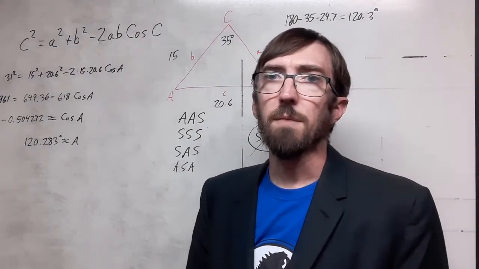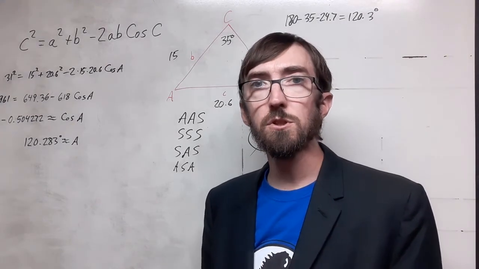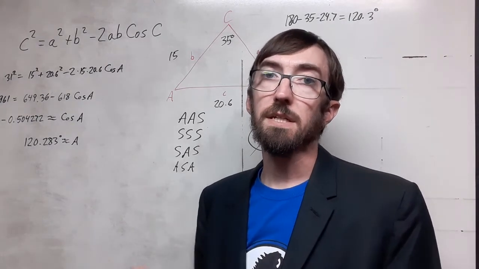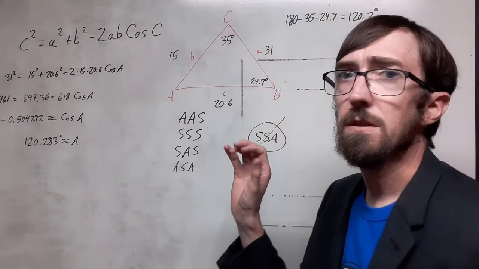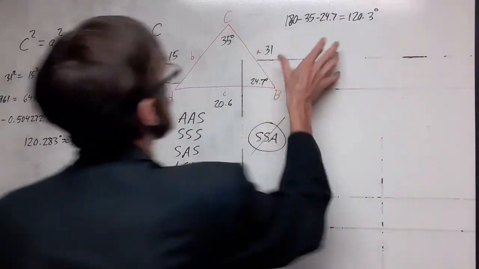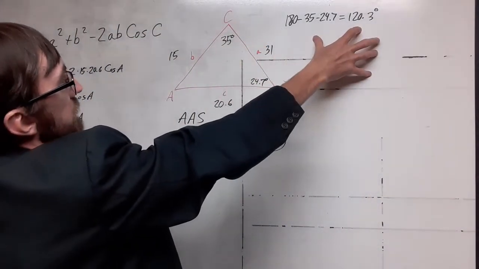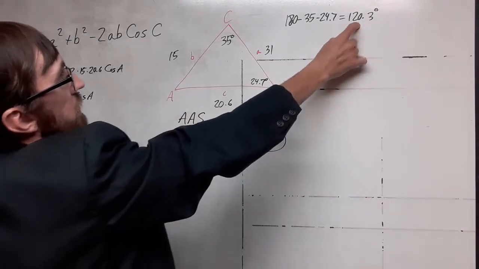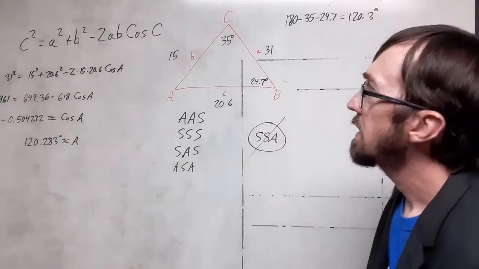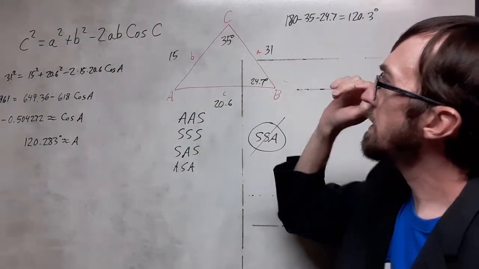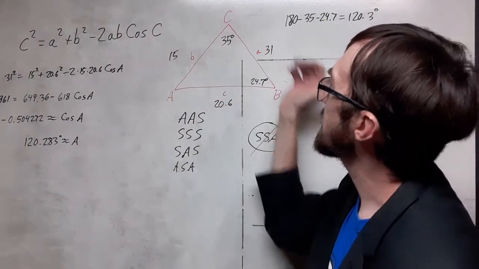One nice thing about mathematics is when you know multiple techniques to determine solutions, you can use both those techniques to check yourself to find your own errors. Using the triangle angle sum theorem, we can take 180 degrees, subtract these two angles, and get that this last angle A should be 120.3 degrees.